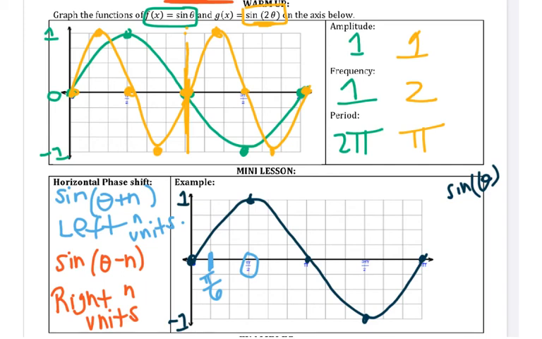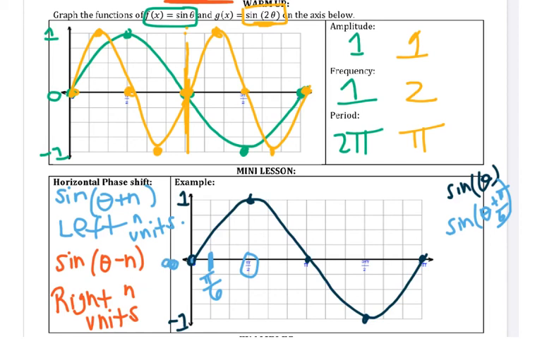So if I'm going to shift this to the left, our equation will be sine of theta plus pi over 6. Okay? So that's going to be our blue function. We're going to shift this to the left. So now this point will actually be off the axis.